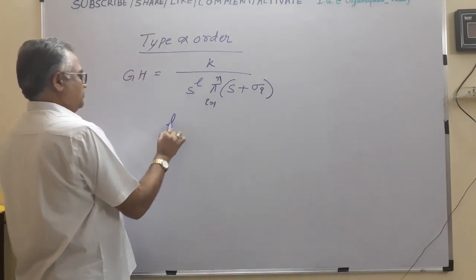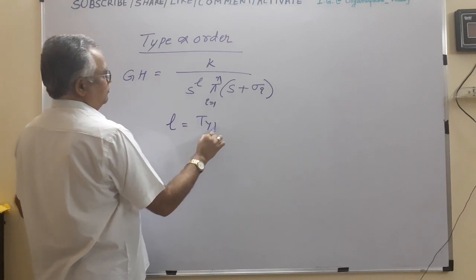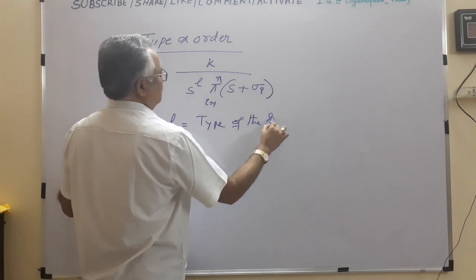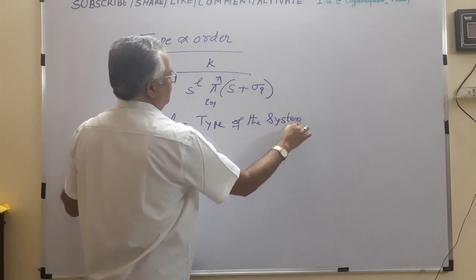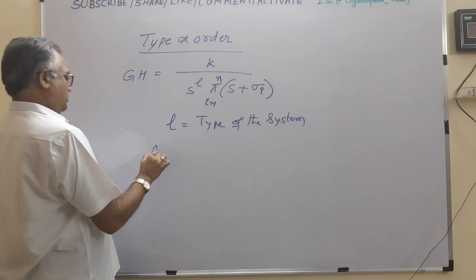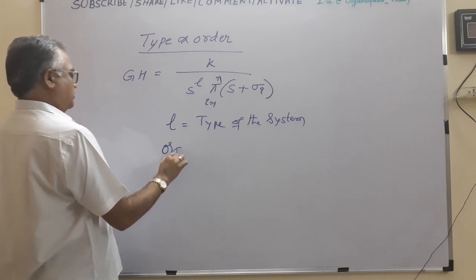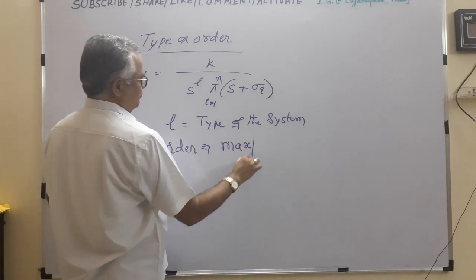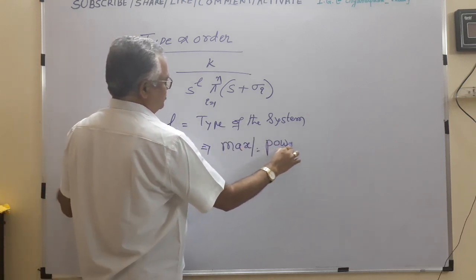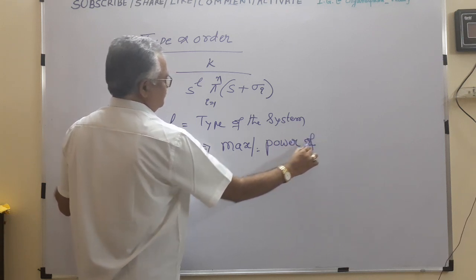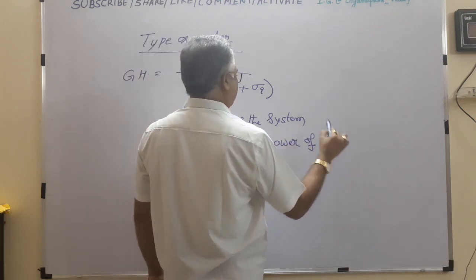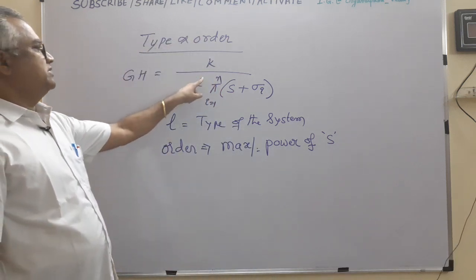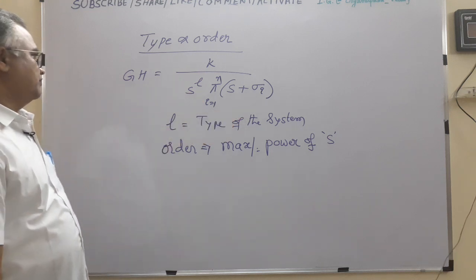L is the type of the system. What is the order? Maximum power of s is the order. This L is the type of the system.